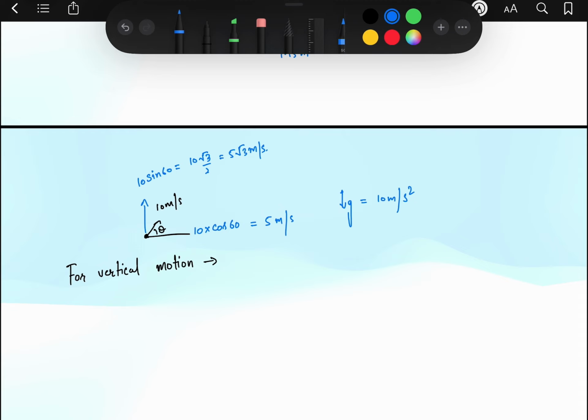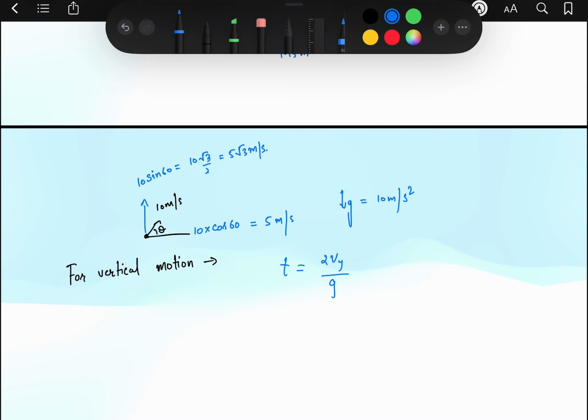As we already know the formula, t will be equal to 2 into the velocity of the ball in the vertical direction, divided by g. This will be the time period.